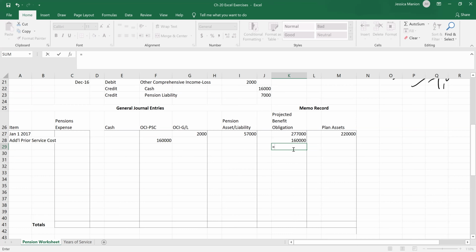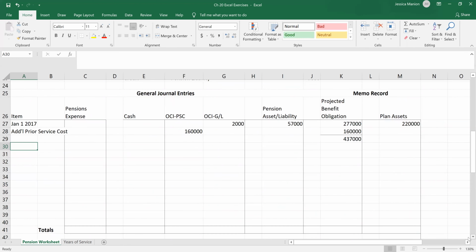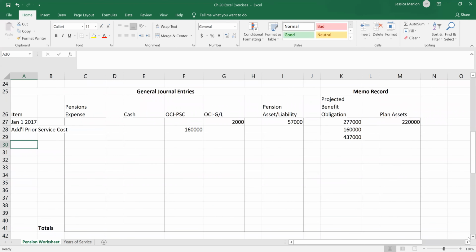So all of our numbers now are going to be based on the 277,000 we had in there to begin with, plus the additional prior service cost that we just added. So now the balance in there is $437,000. Let me see if I can blow this up a little bit more. I zoomed out and then I forgot to blow it up a little bit more. Okay, so we dealt with that.